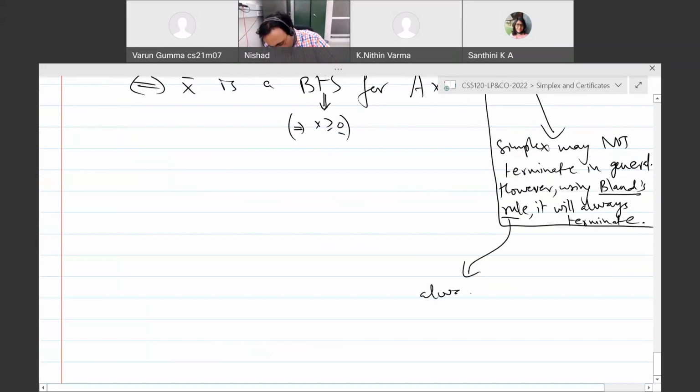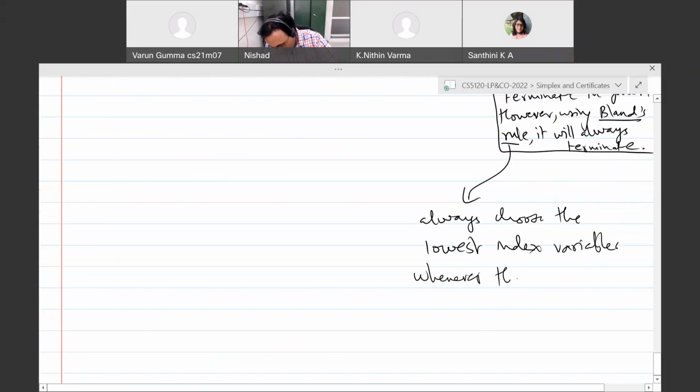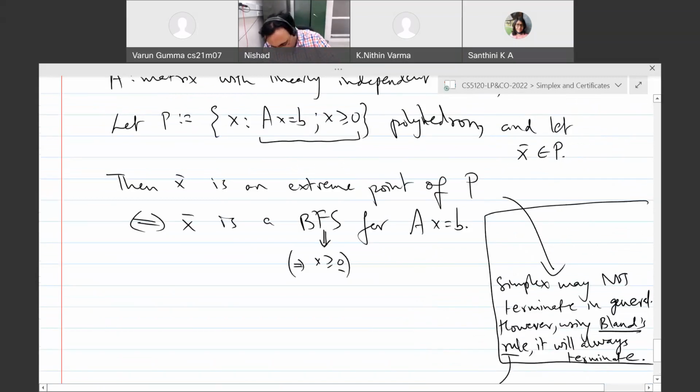Always choose the lowest index variable whenever there is a tie for entering or leaving variables. Okay, so yeah, we might prove this.